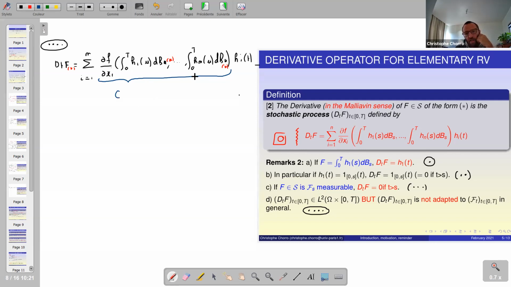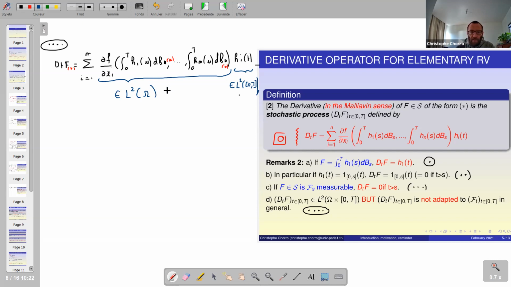So this one is in the space L2 of omega. For this part, by definition of an elementary random variable, I know that the hi belongs to L2 of 0 capital T.